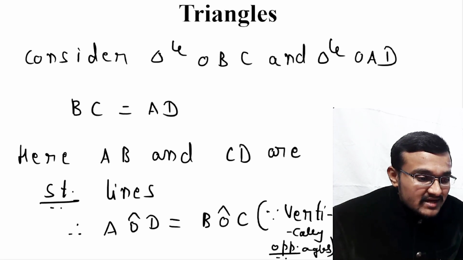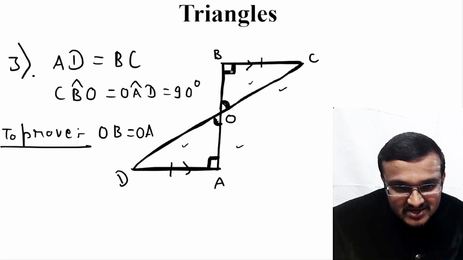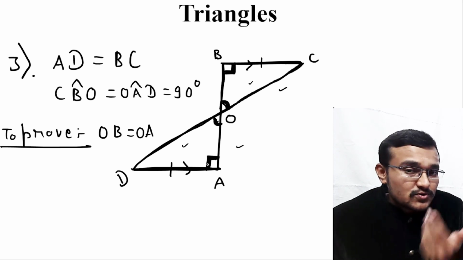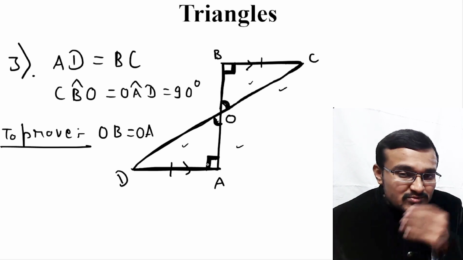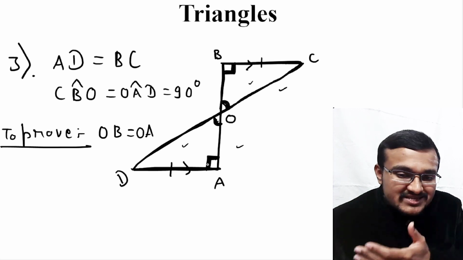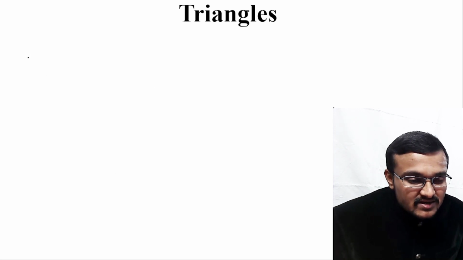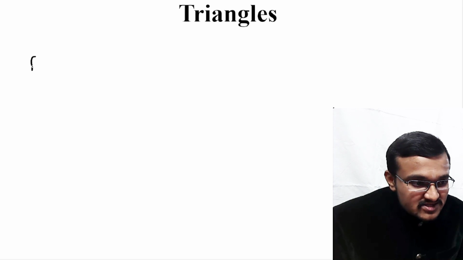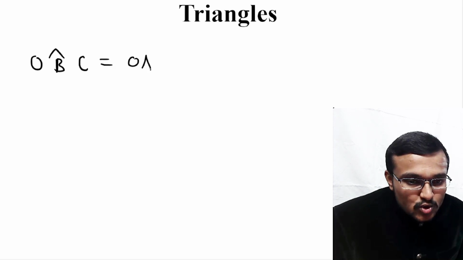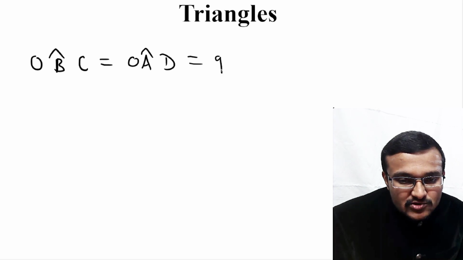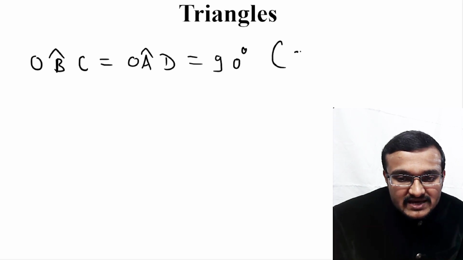Now you can clearly see this particular angle is 90 degrees and this particular angle is also 90 degrees. So one more angle is getting equal, that is OBC is equal to OAD. Here they have given OBC is equal to OAD is equal to 90 degrees.